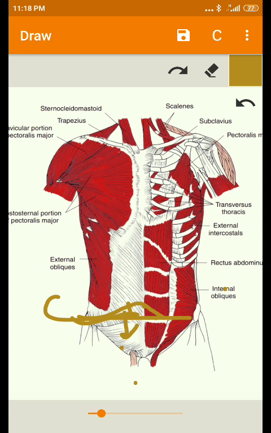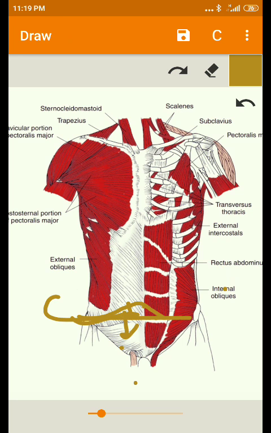Subclavius also helps in inspiration, and levator costorum also helps in inspiration. And sometimes the abdominals also help in inspiration when there is an increase in ventilatory need.